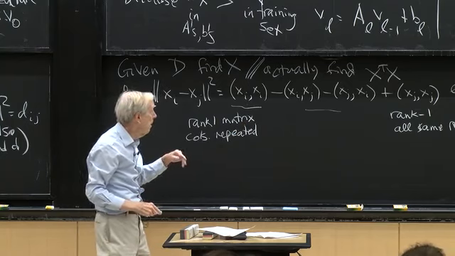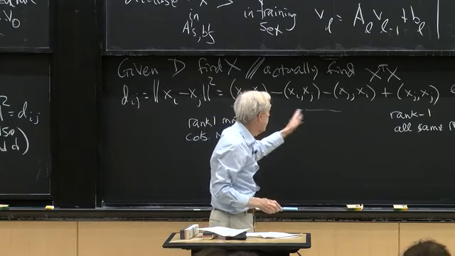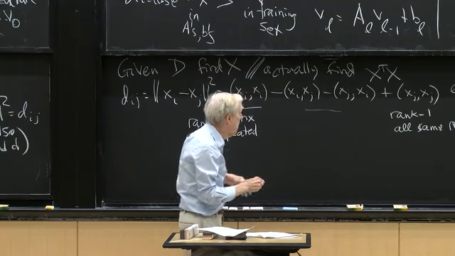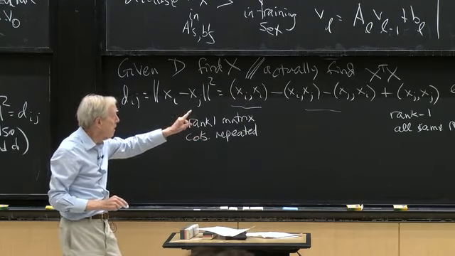So I would like to discover out of all this what Xi dotted with Xj is. That'll be the correct dot product.